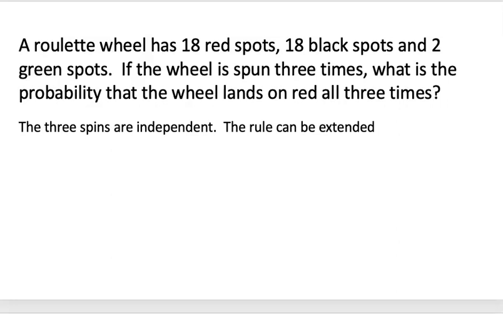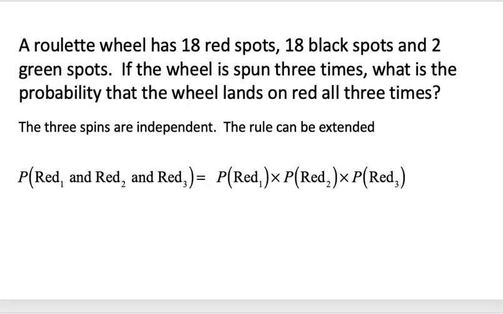Again, 3 spins are independent. What happens on the first spin doesn't change your likelihood of getting red on the second or third. There is no influence from previous spins on later ones. So we can just recognize probability of red 1 and red 2 and red 3 will just enable us, because they're independent, to multiply the probabilities. Probability of red 1 times probability of red 2 times probability of red 3.